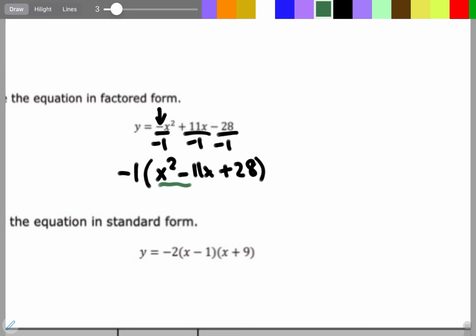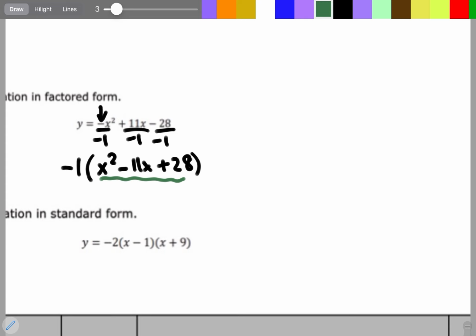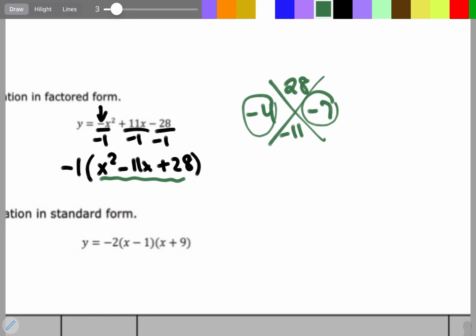Now with this information here, we can do our x situation. Look for two numbers that multiply to 28 and add up to negative 11. That's going to be negative 4 and negative 7. So for my final answer, in the parentheses, we got x minus 4 and x minus 7.